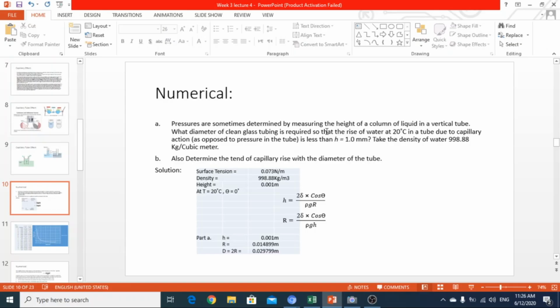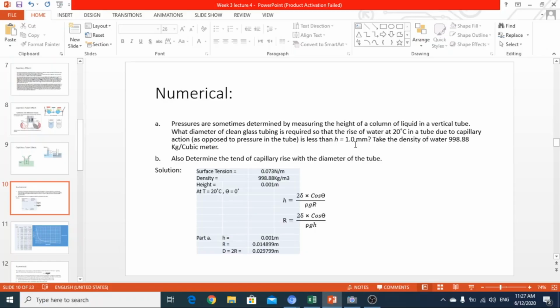So similarly, the height definitely represents the pressure of a particular condition. What we need to determine is the diameter of a clean glass tube required to produce a capillary rise at 20 degrees centigrade with a given height.